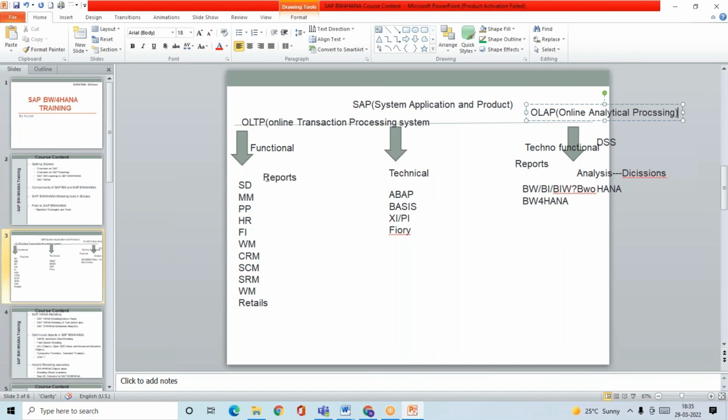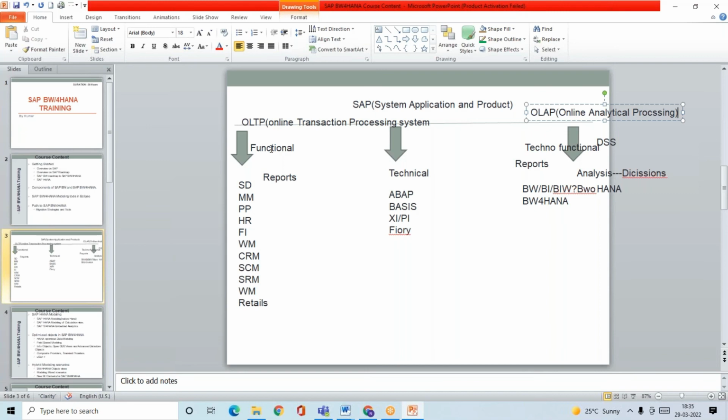In the same way, from the ATM machine we can get the mini statement, that means the maximum of the last 10 transactions. But if you want a statement for the last 1 year, 2 years or 5 years, then what do we do? We go to the bank or we log on to the banking system, from where you get the historical data. So your OLTP system is only to perform your day-to-day transactions.